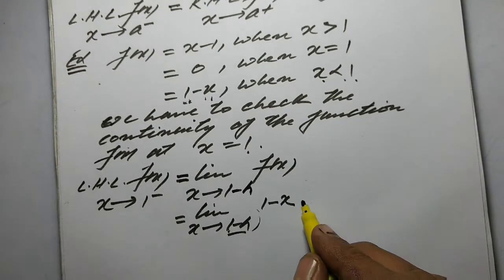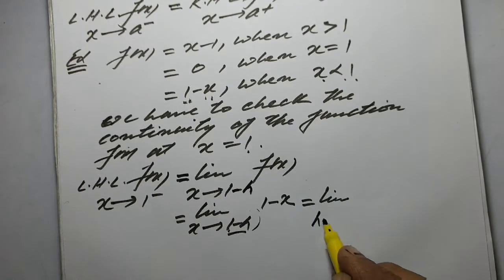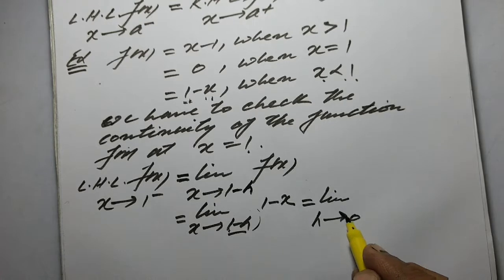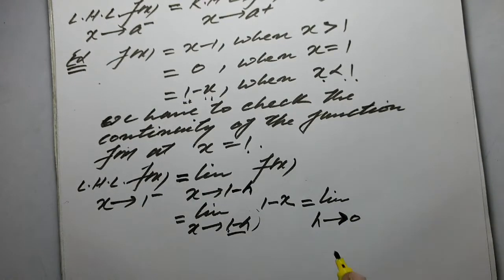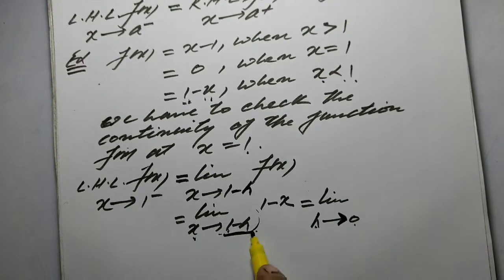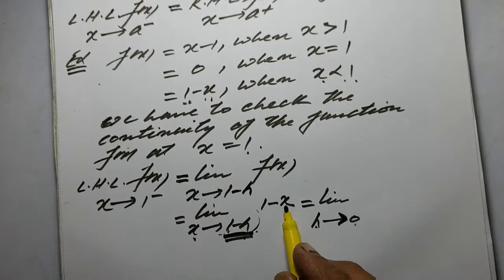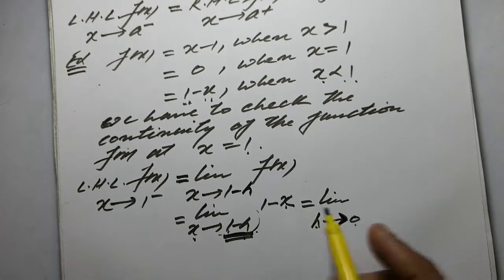In the next step we write limit h tends to 0. This step is considered to be the step of transformation of limit. When we write h tends to 0 instead of x tends to 1 minus h, this binomial replaces the variable x in the function.